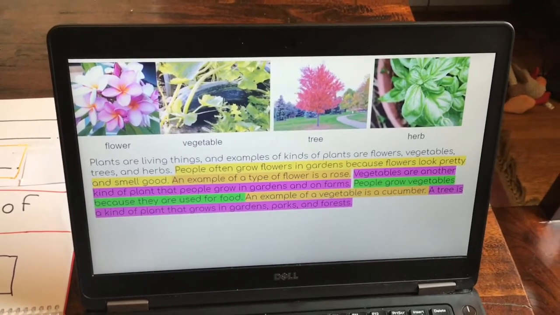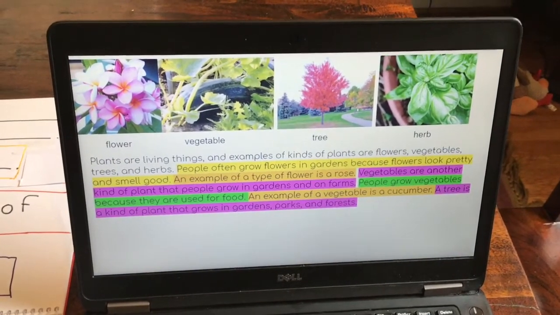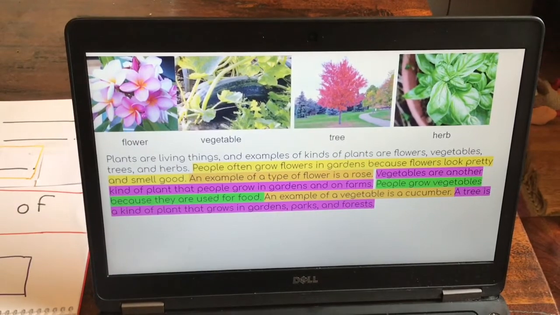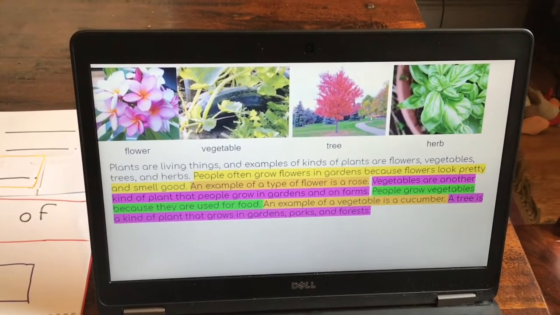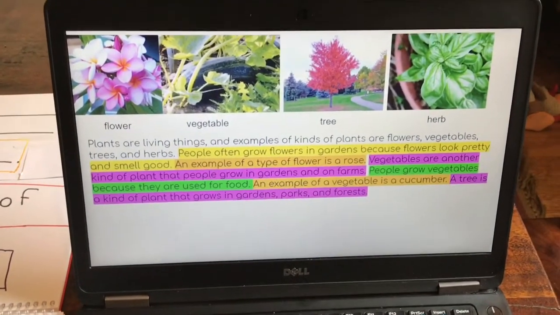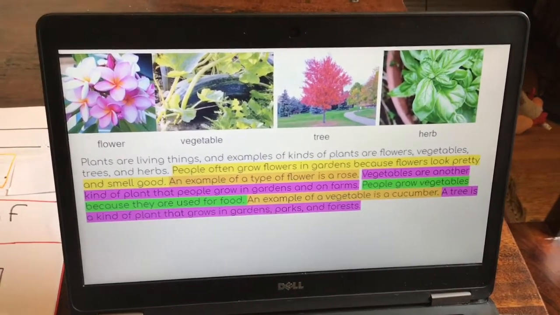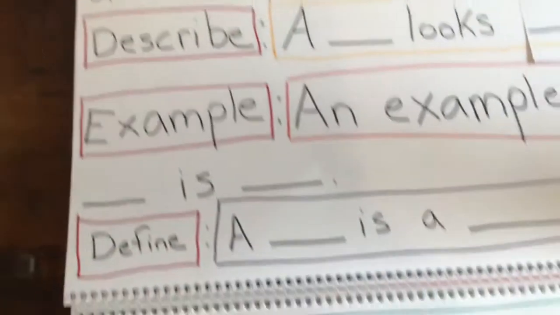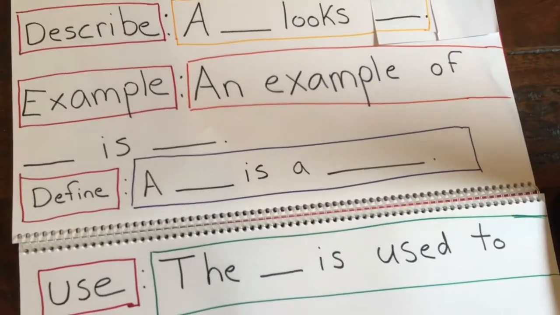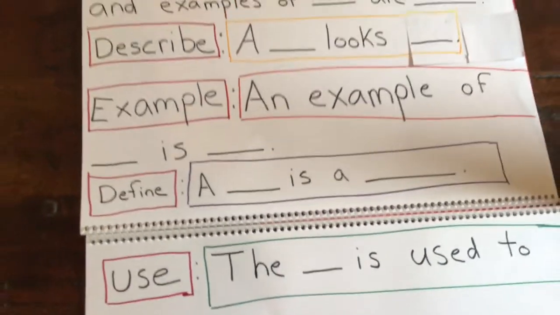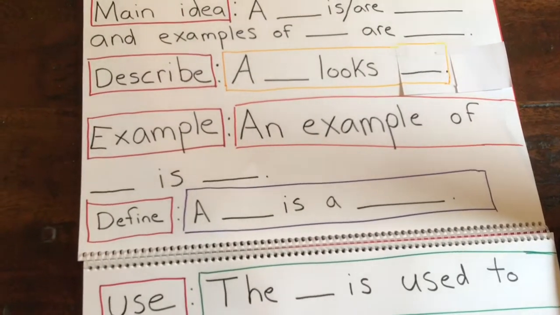All right, we've got another define, which is an elaboration technique. A tree is a kind of plant that grows in gardens, parks, and forests. And if you look at define, you will see I did use the sentence frame.